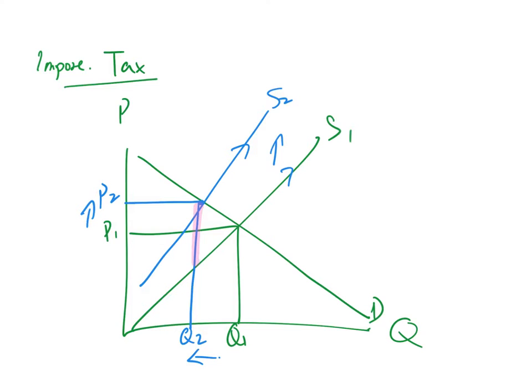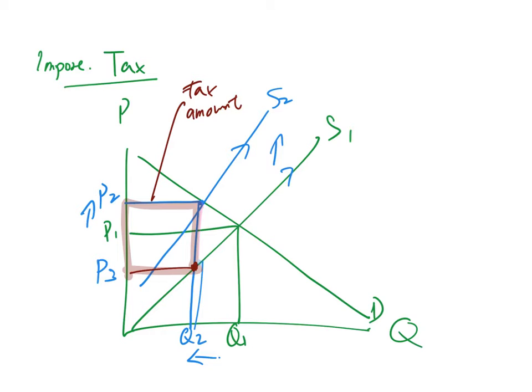Actually this point is the intersection between the quantity 2 and the old supply. Here is another boundary of the tax, so let's say it's P3. We understand that this whole area is the tax amount that the government will receive, the total tax amount.